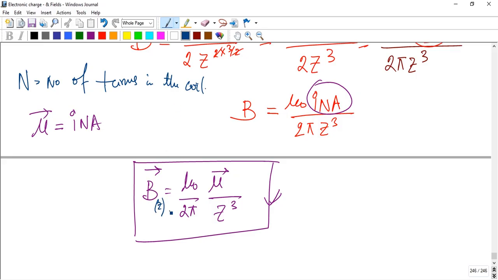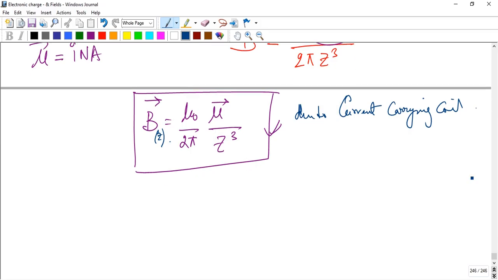Due to the current carrying coil, there are two ways in which a current carrying coil behaves as a magnetic dipole.